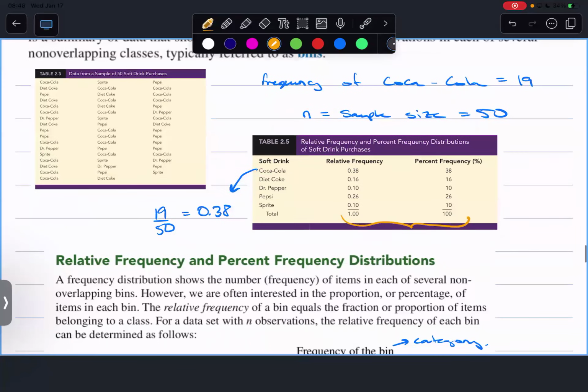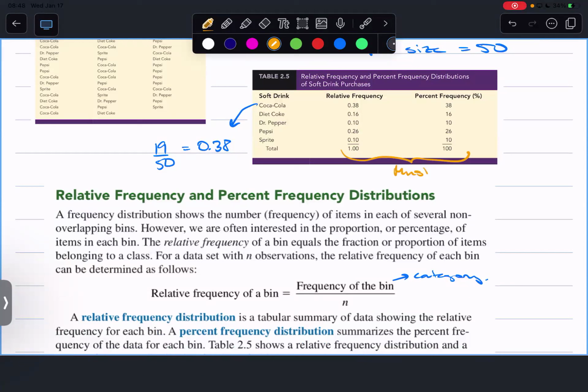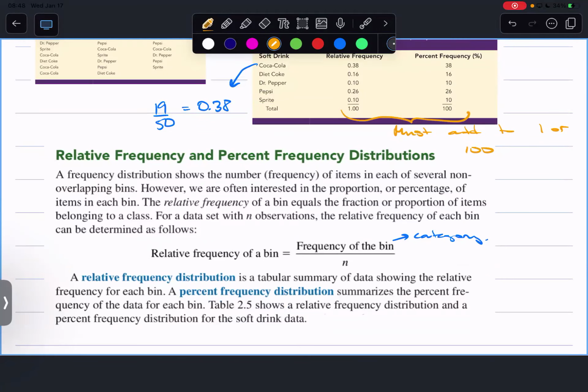And I'll do it down here. Must add to 1 or 100 respectively, but I'm not going to write that. So be careful with rounding. You might have to make some adjustments, because even if you're rounding properly, it can not add to 100.